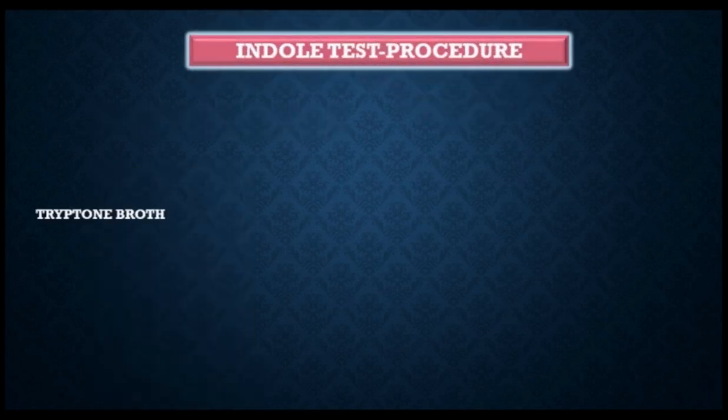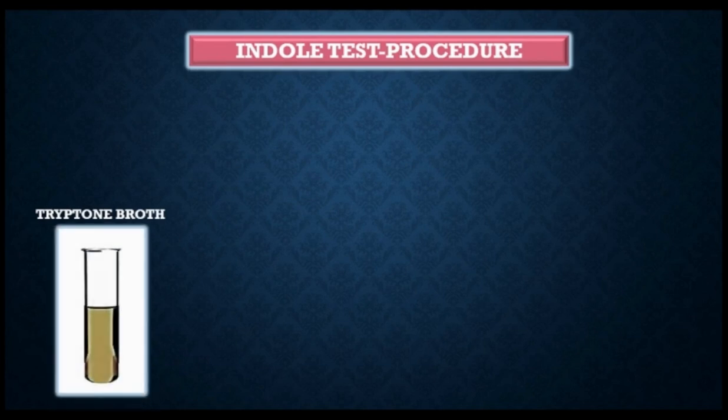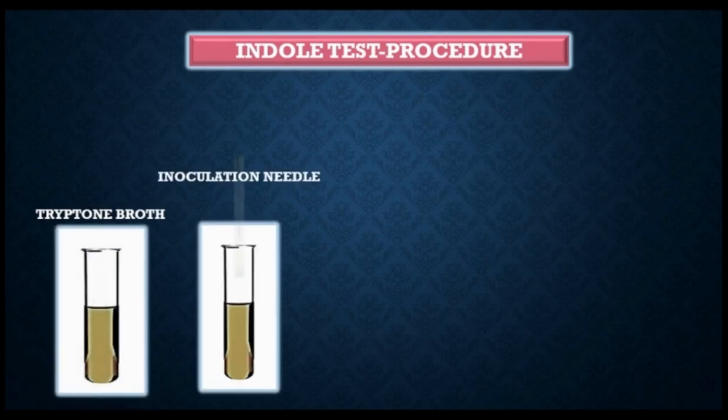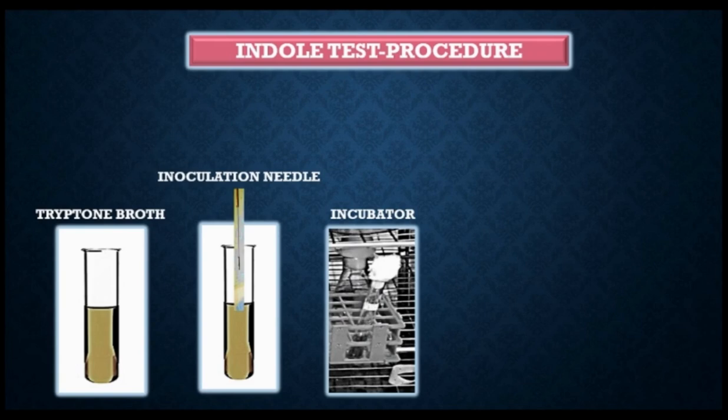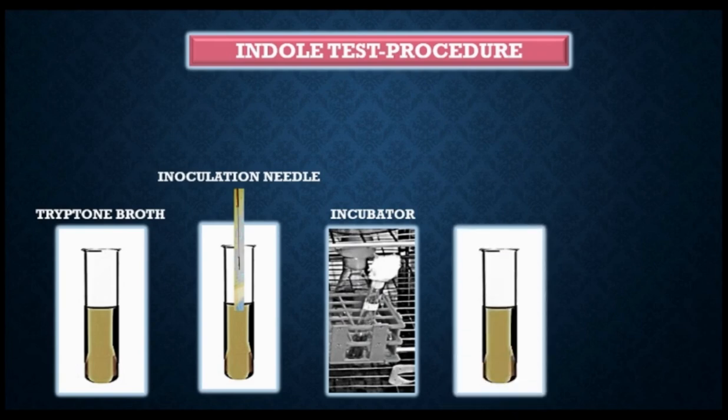Procedure: you take 1% tryptone broth and place the bacterial culture into the tryptone broth with the help of an inoculation needle, and incubate it in the incubator for 24 hours.